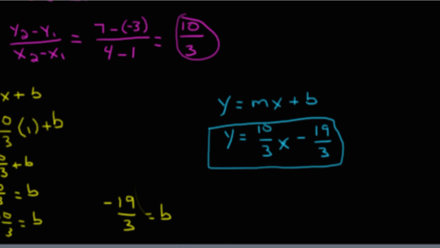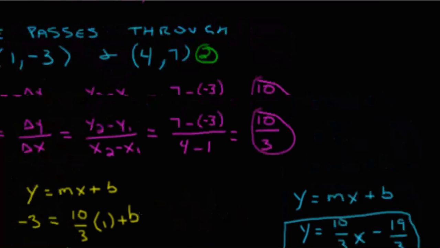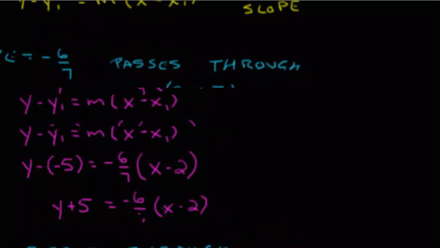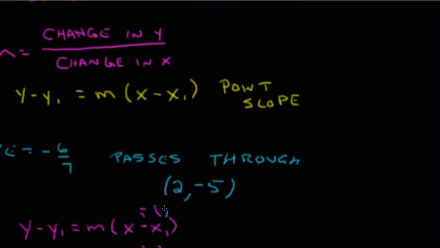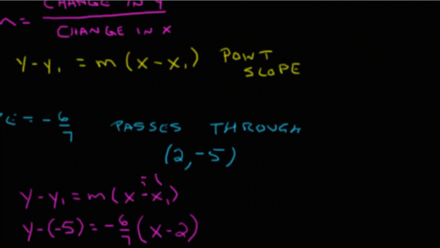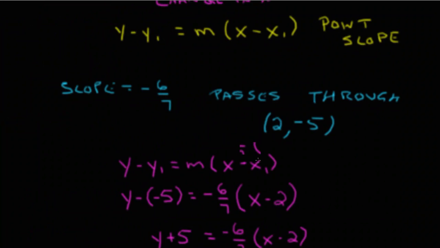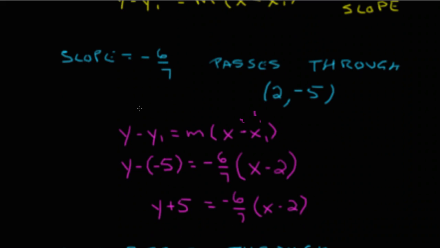So again, we'll just review here. If you're given a point and slope and asked to write it out in point-slope form, well, that's easy. You just plug it in.